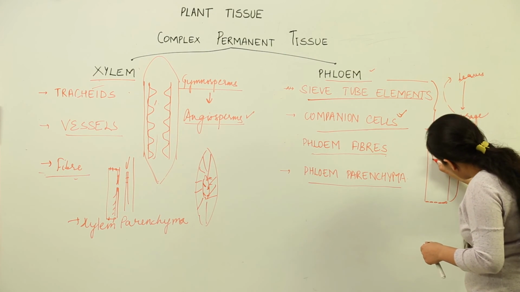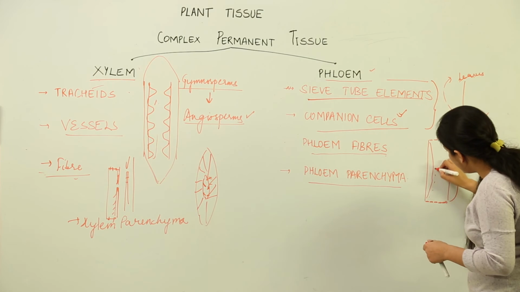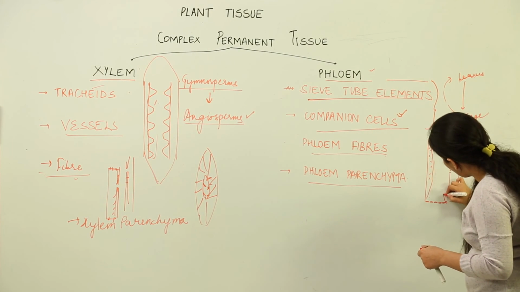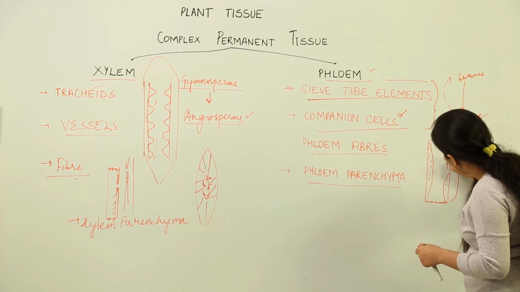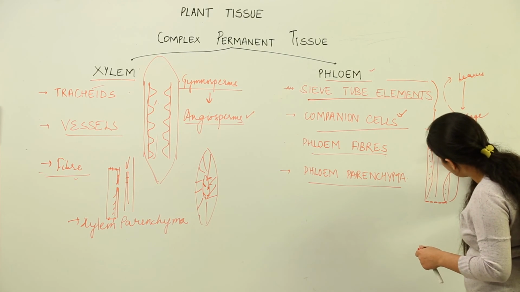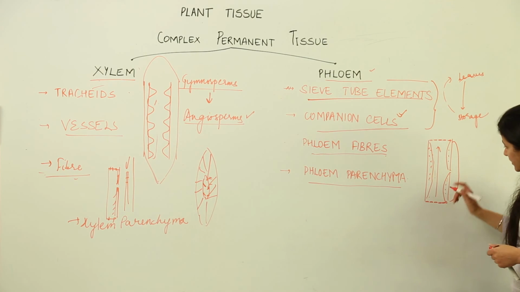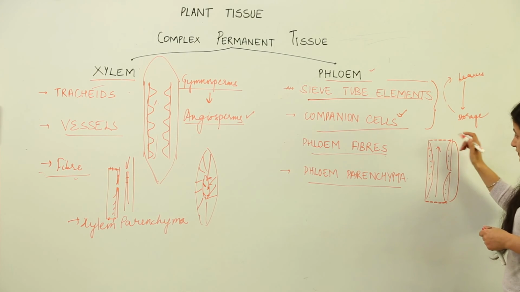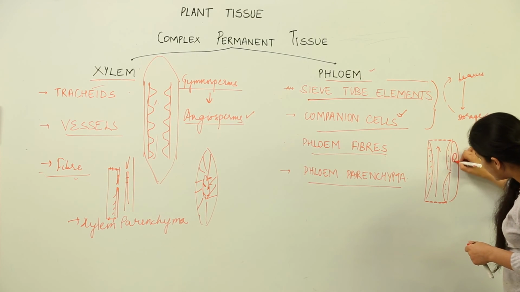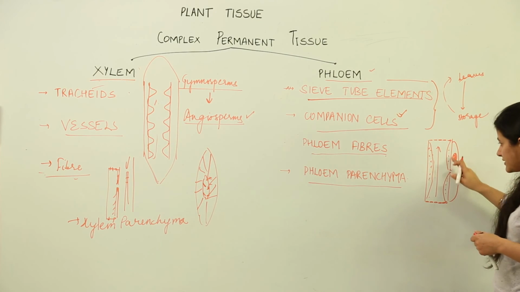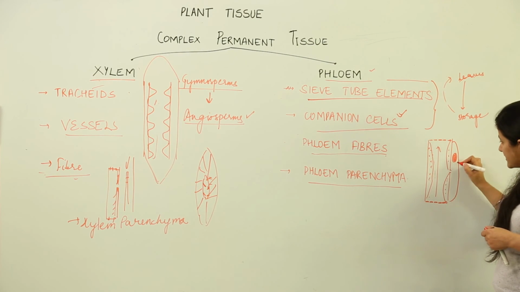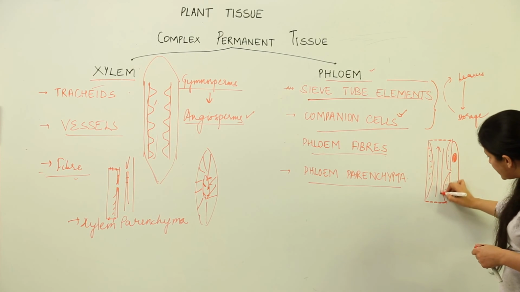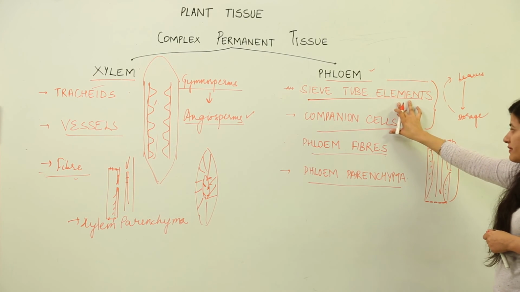Now the sieve tube element would have cytoplasm in it, which would be peripheral cytoplasm like this, and vacuoles can also be present over here, but the maximum part is this, which is empty space for conduction, and this companion cell, which is connected through pits to this sieve tube element, has the nucleus. Now this companion cell's nucleus is somehow governing this cell, and this companion cell is also responsible for maintaining the pressure gradient inside this sieve tube element.